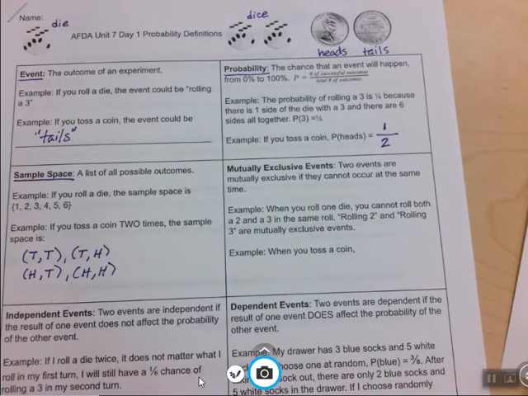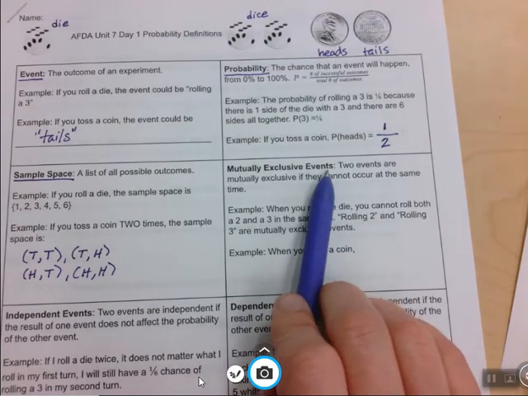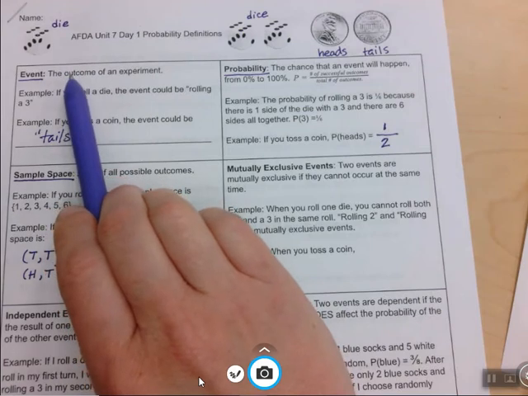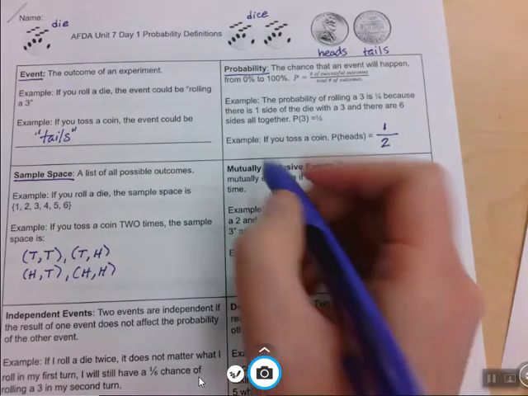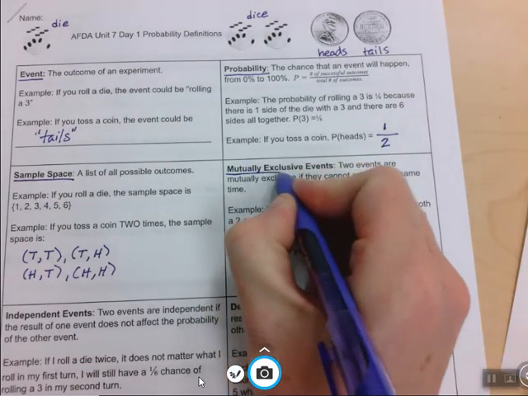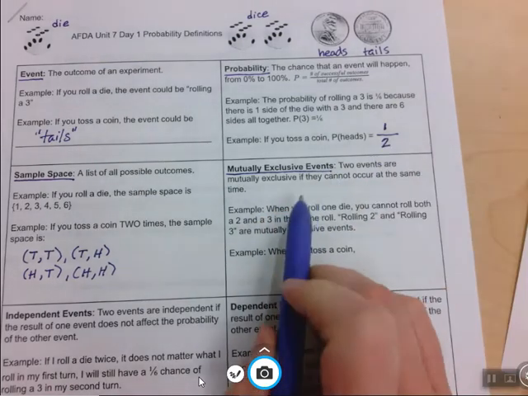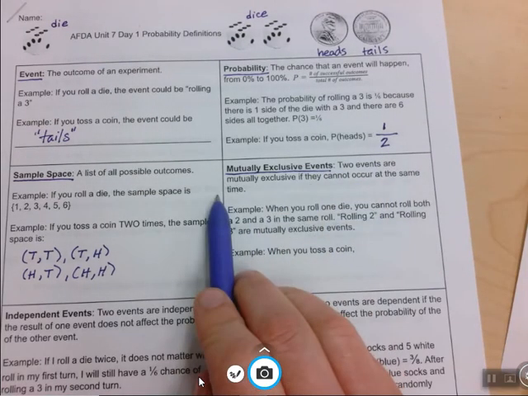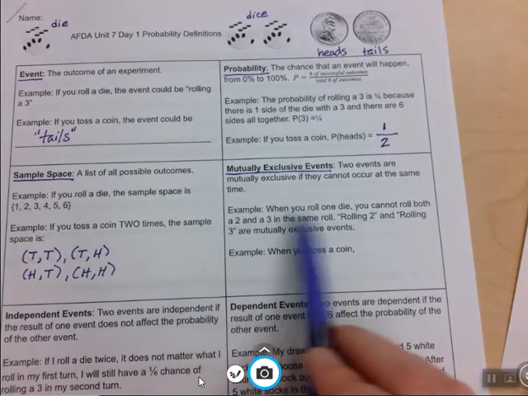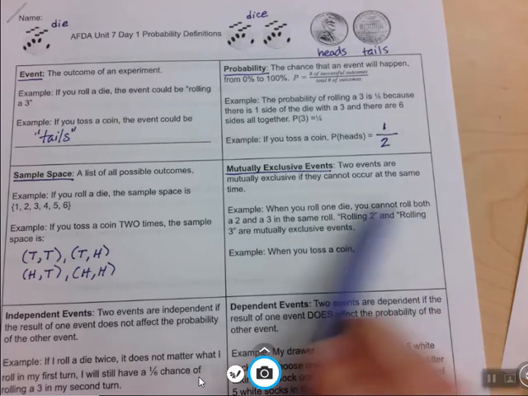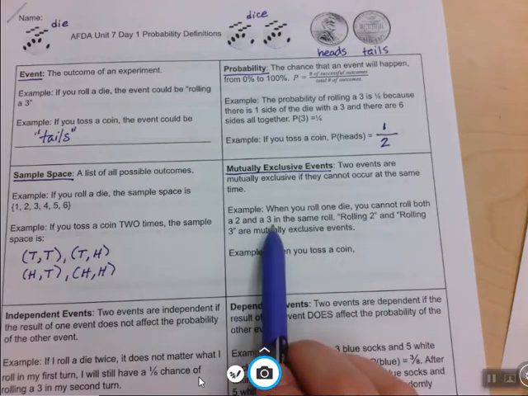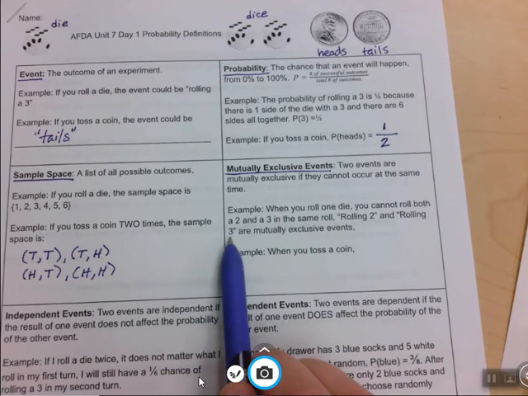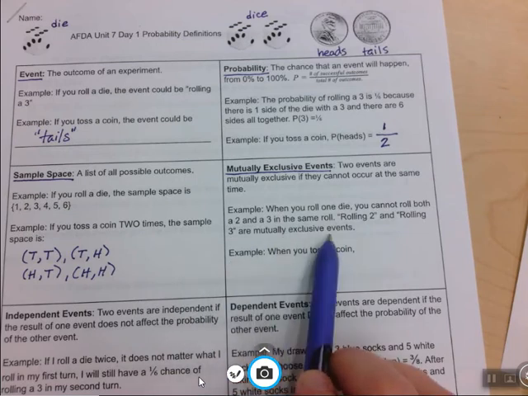Alright, so now we're going to talk about different types of events. So remember, an event is just the outcome of the experiment. 2 events are mutually exclusive if they cannot occur at the same time. So for example, when you roll a die, you can't roll both a 2 and a 3 in the same roll. So rolling 2 and rolling 3 are mutually exclusive events.